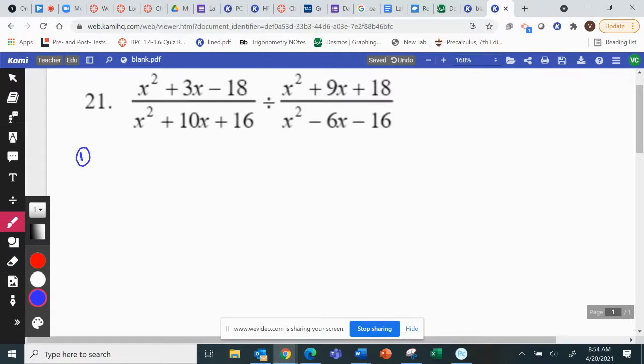First step always is going to be factor. That's our first step. And then the second step is find the domain restrictions.